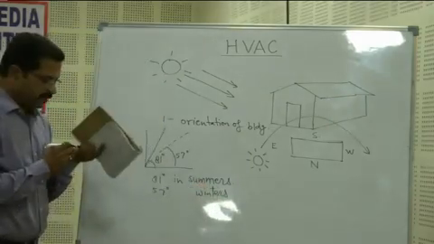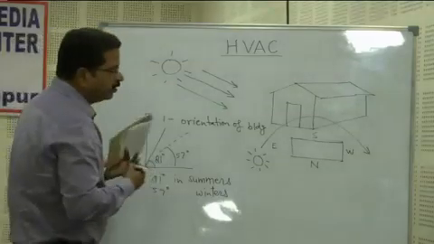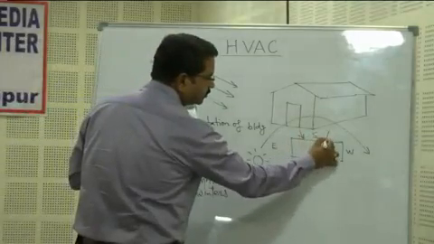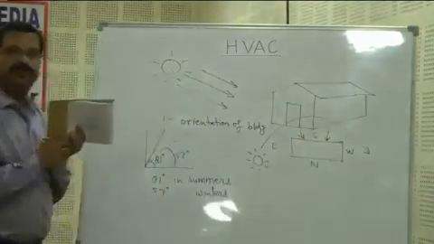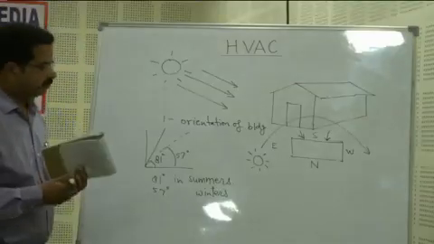So that way you are going to have a lot of sun in winters inside the building from the south direction. So it will give you a lot of heat inside your building.